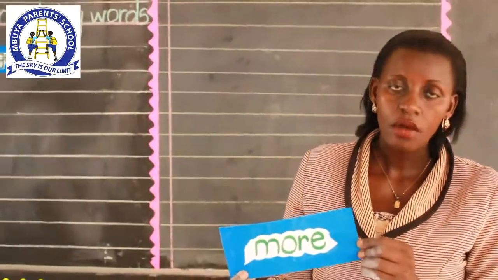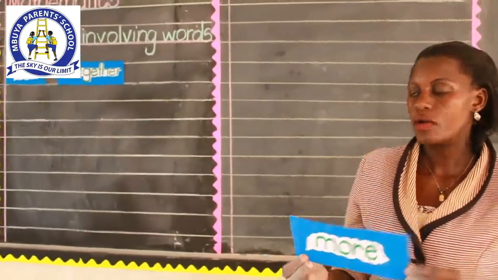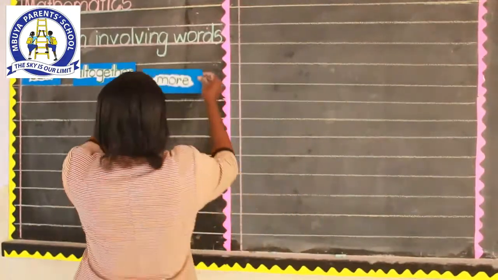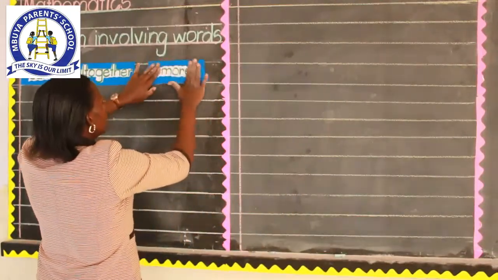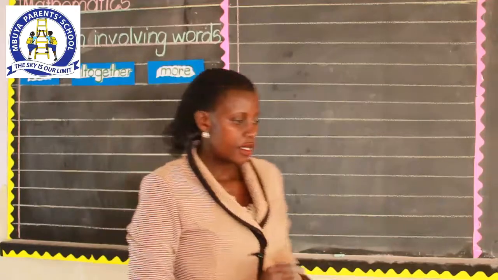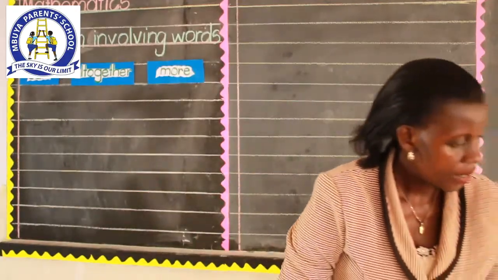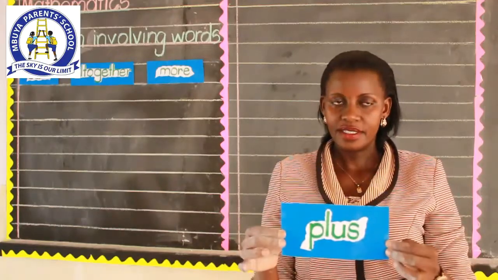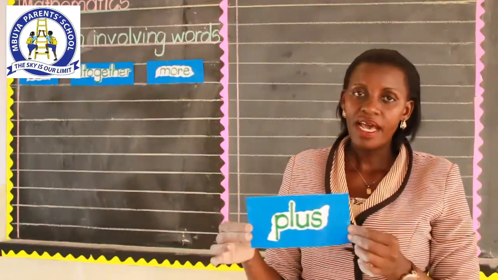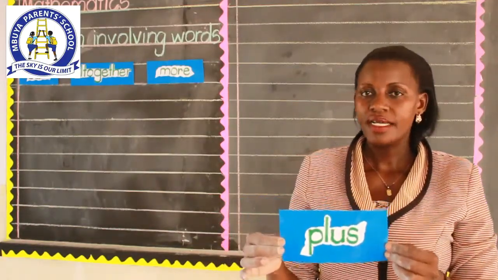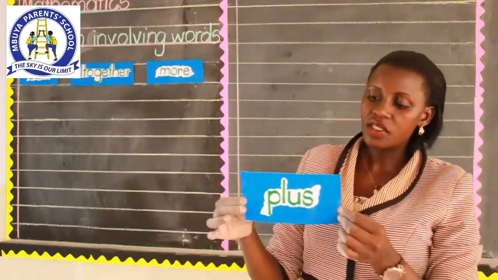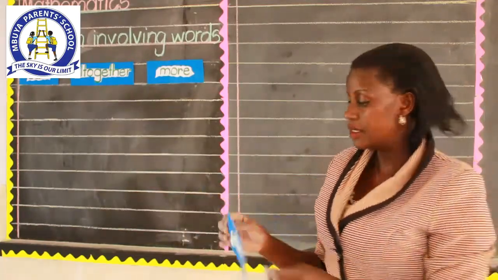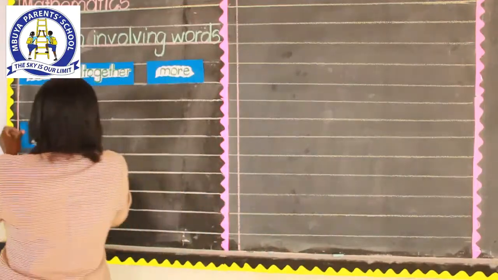This is the word more. We can also use this word when adding numbers. Plus. So when you come across this word, just know they are telling you to add. Good.